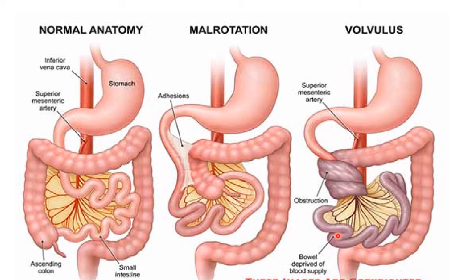That's why it is seen bluish in color, because of disrupted blood flow. That is known as volvulus: the twisting of the gut tube on itself, leading to obstruction.